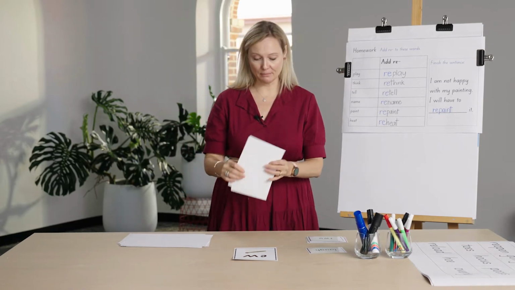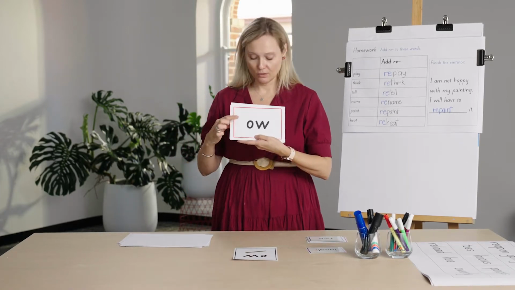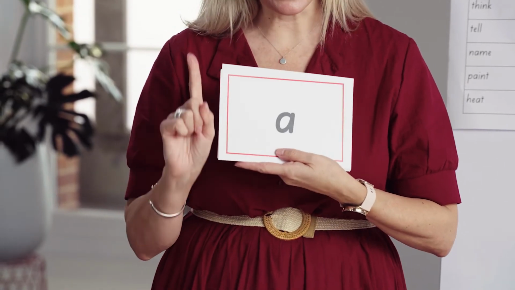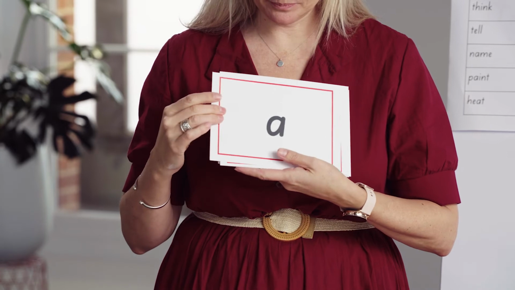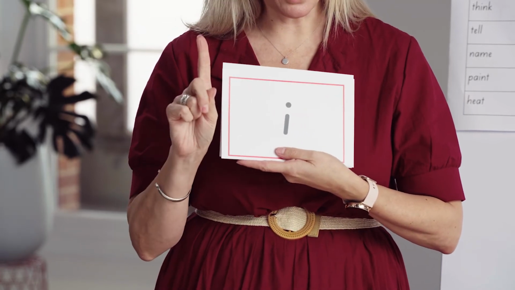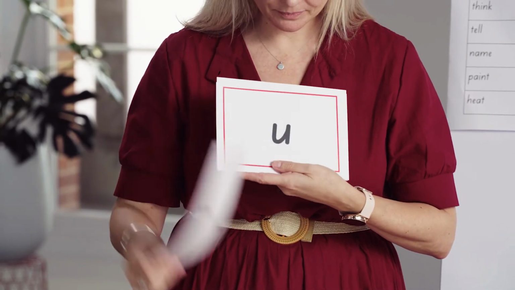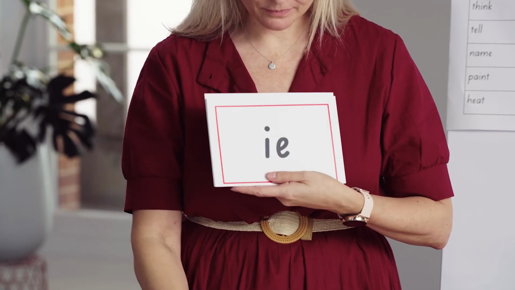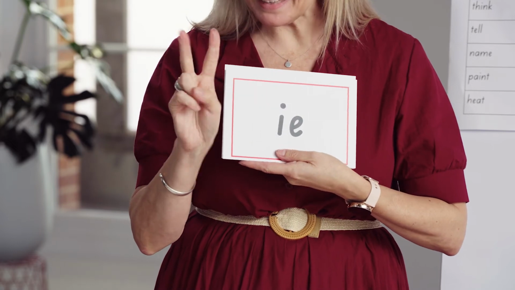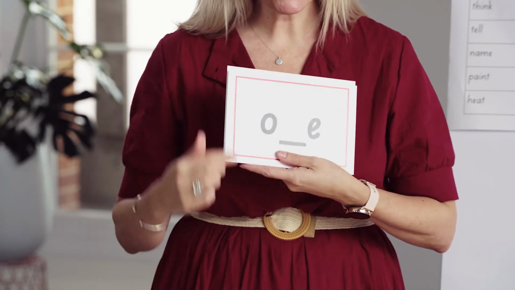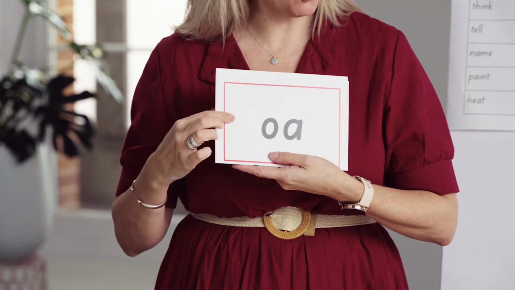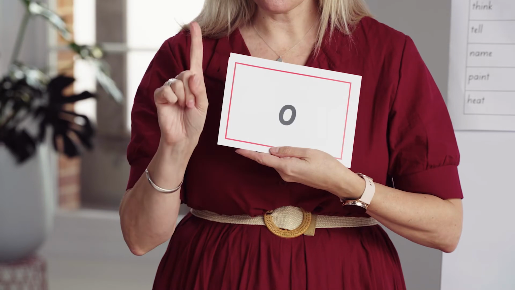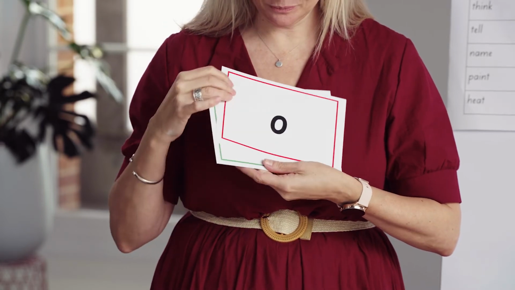Let's look at our graphemes. O, ow. A, at. I, it. U, up. I, e. O, o. O, op.